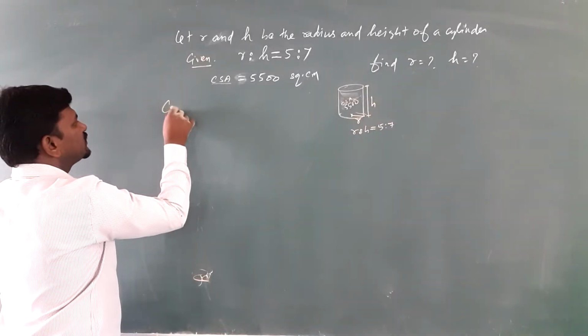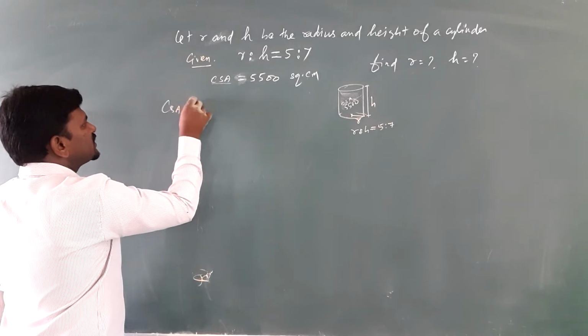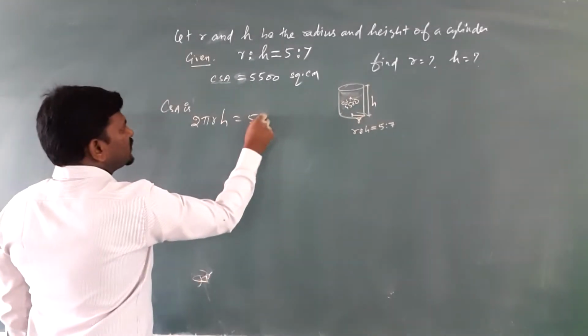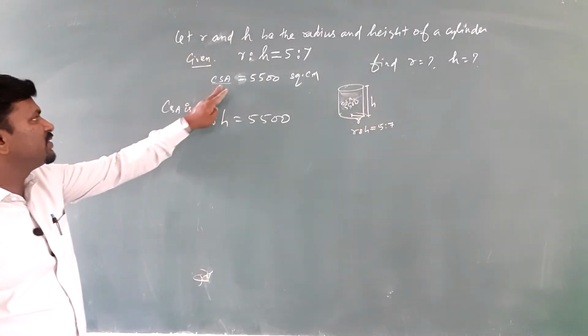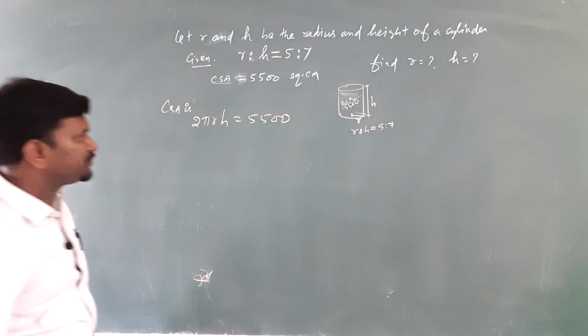The CSA of a cylinder, 2πRH, is equal to 5500.